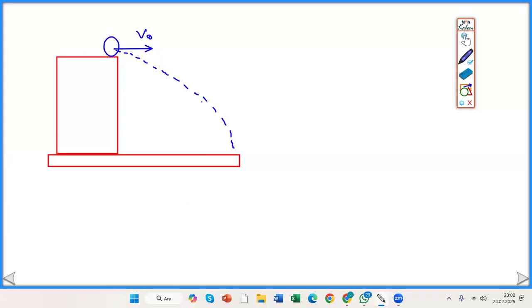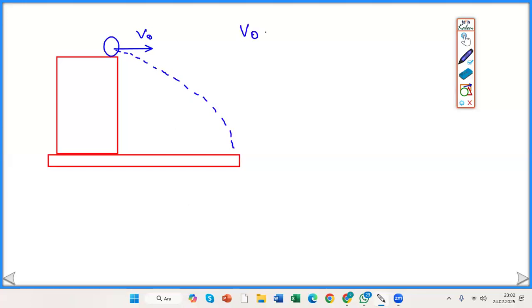But during that motion, be careful. There are two types of velocities during the motion. First one, during the whole motion, the initial horizontal velocity is always constant.